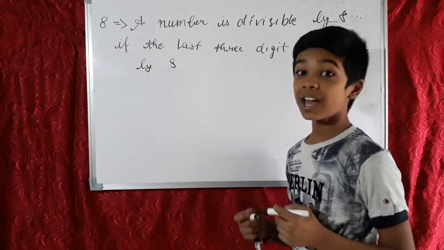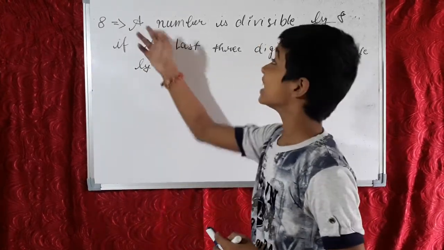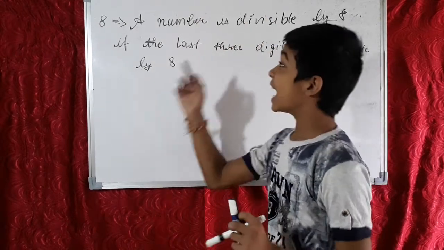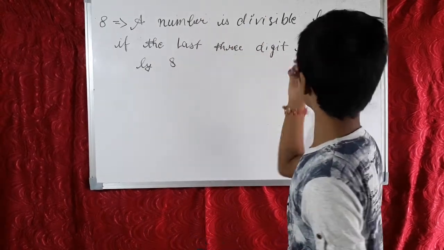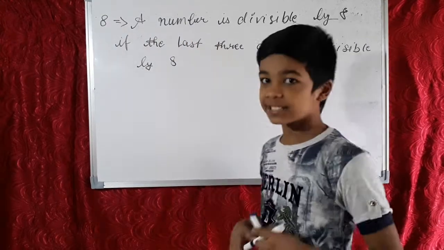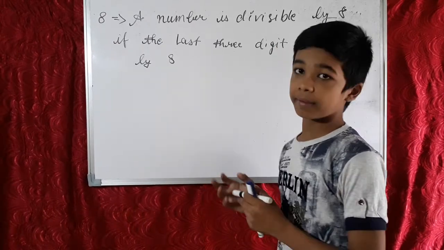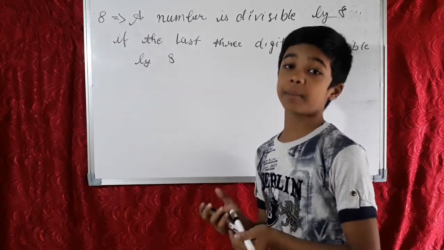Okay, what is the divisibility test of 8? A number is divisible by 8 if the last 3 digits are divisible by 8, which means we will see the last 3 digits of that number, then we will divide, and then we can know whether the number is divisible by 8 or not.